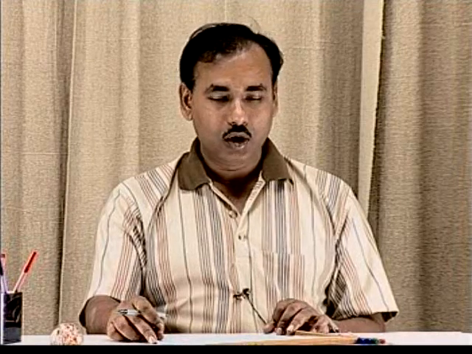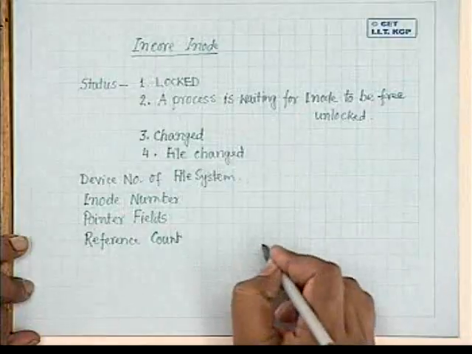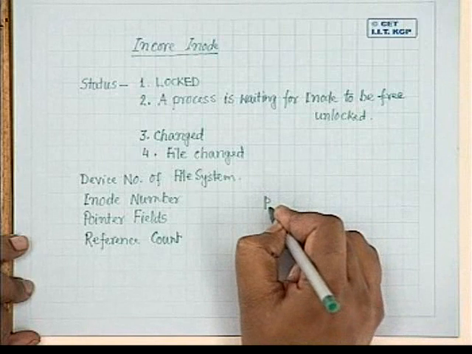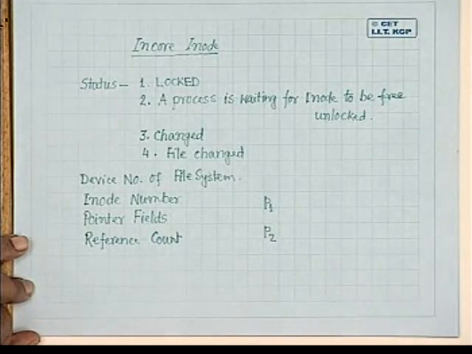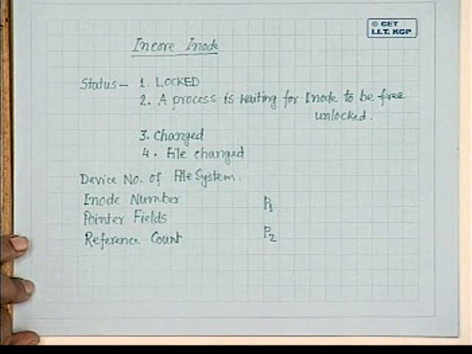Okay. Now let us see what the inode table of contents is. Lock means another process can't access it until it is unlocked. Say I have two processes, P1 and P2, who have opened the same file.